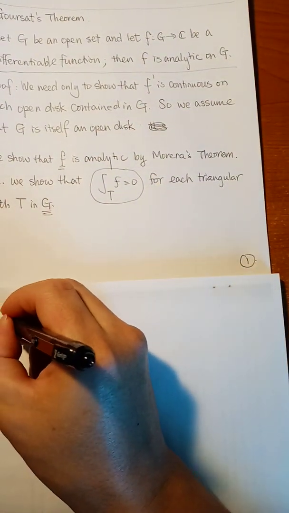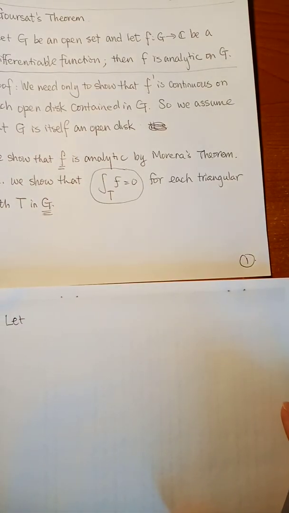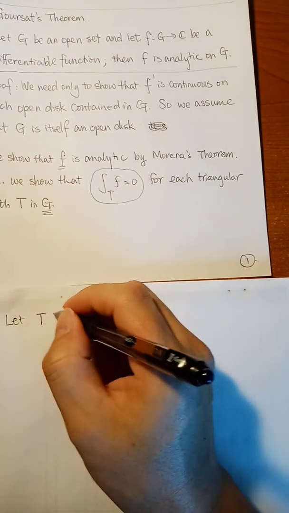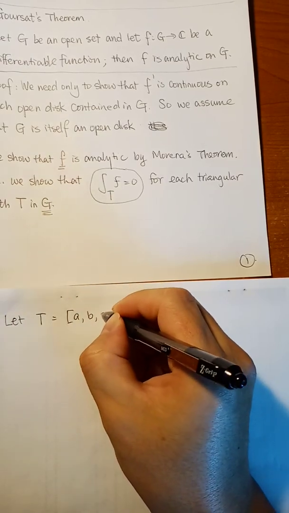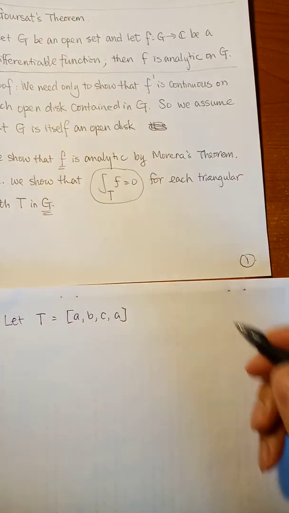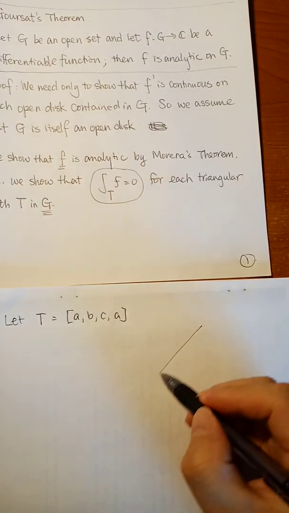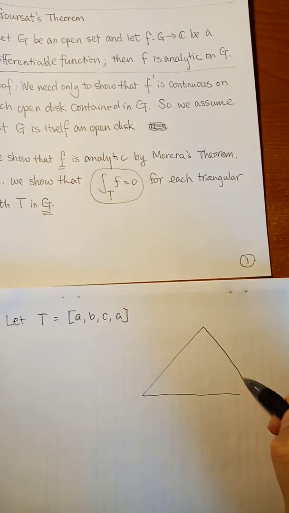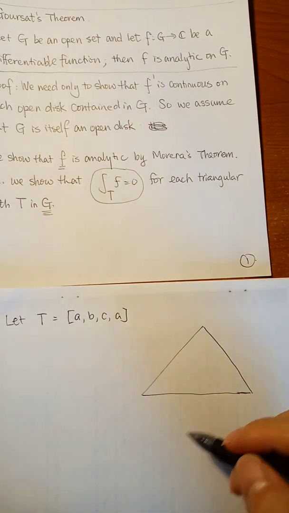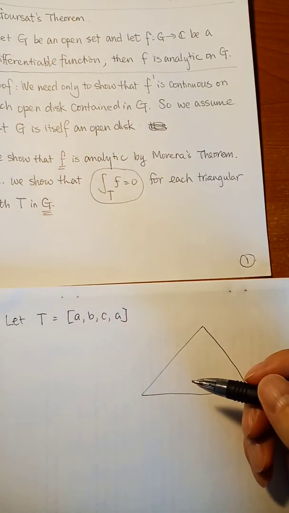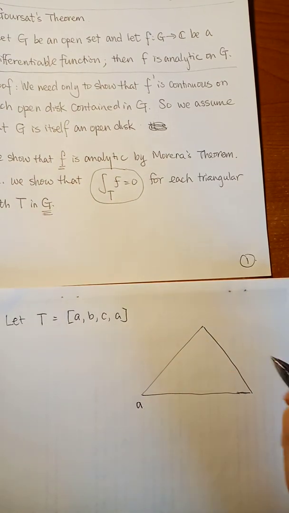Let T be a triangular path A, B, C, A. Let's label them. It doesn't matter which orientation you select. You can select counterclockwise or clockwise. There's no difference.